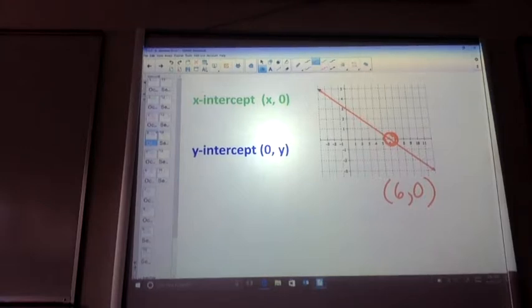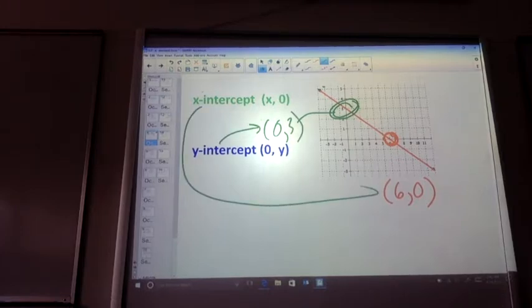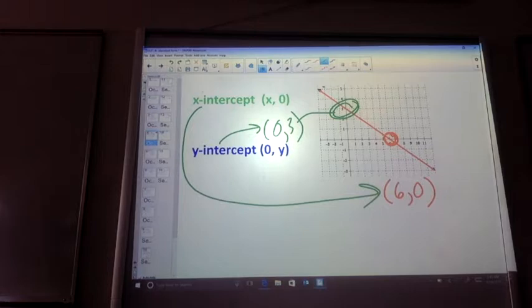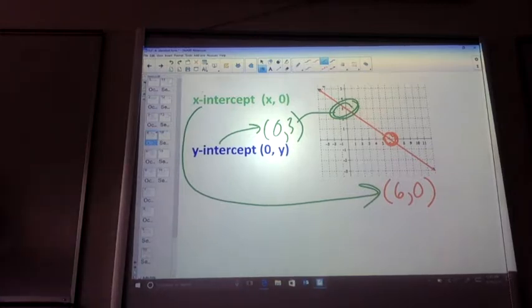What does it appear the y-intercept would be if you look at the 0, 3? Good. So right there, our y-intercept is 0, 3. So the y-intercept and x-intercept are right there. It's where it crosses the x or the y axis. That's all it is. Does that seem okay so far?